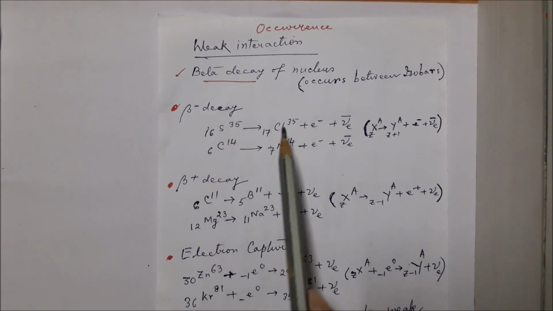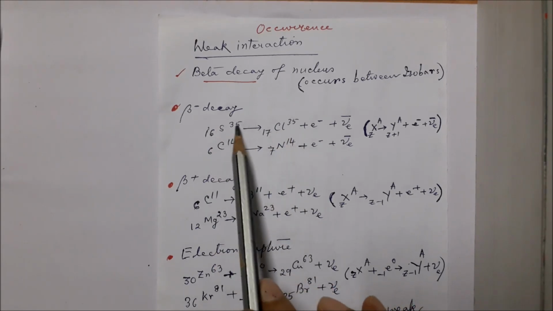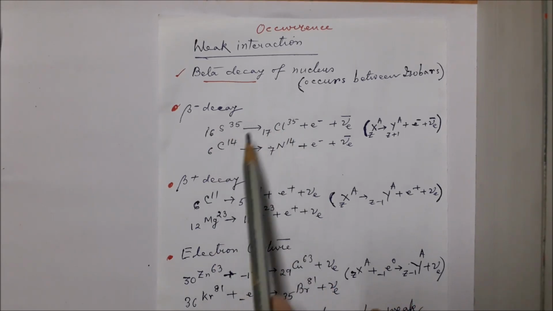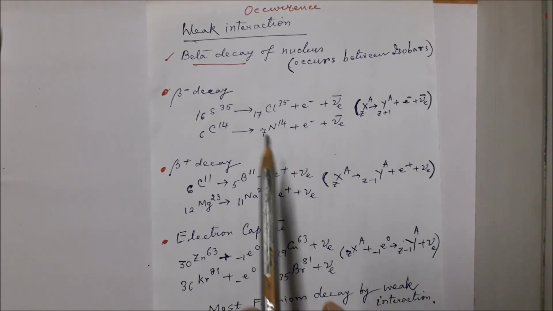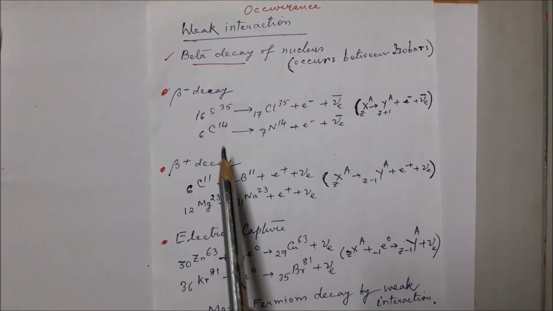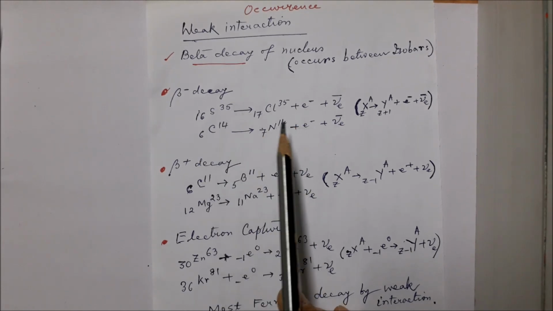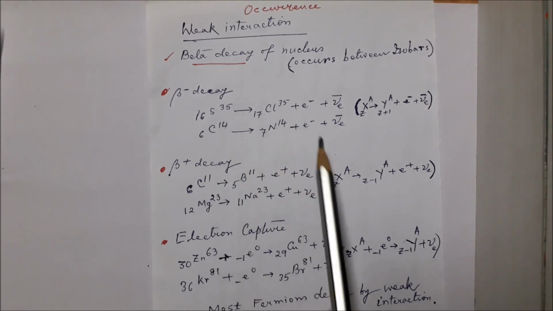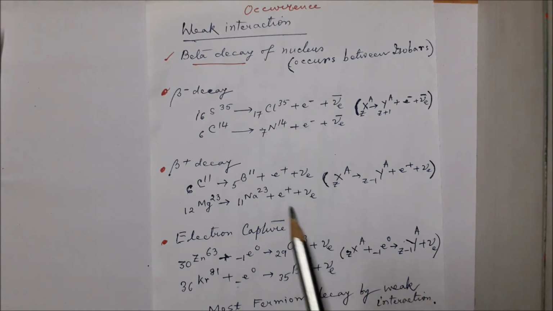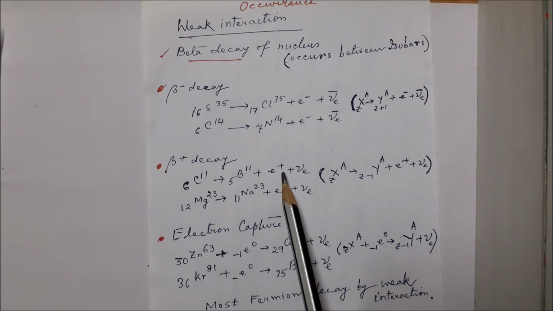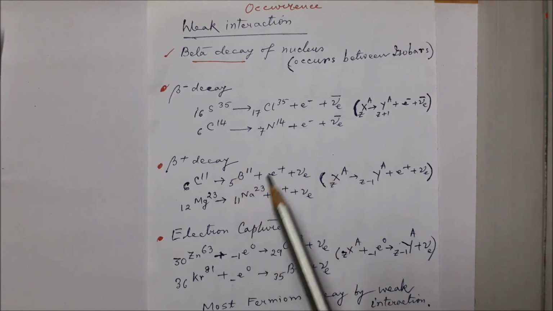This is the parent, this is the daughter, and they are isobars because they have the same mass numbers. So beta decay involves transition between isobars and emission of beta particles, which are electrons or positrons. We won't elaborate on this in this class.